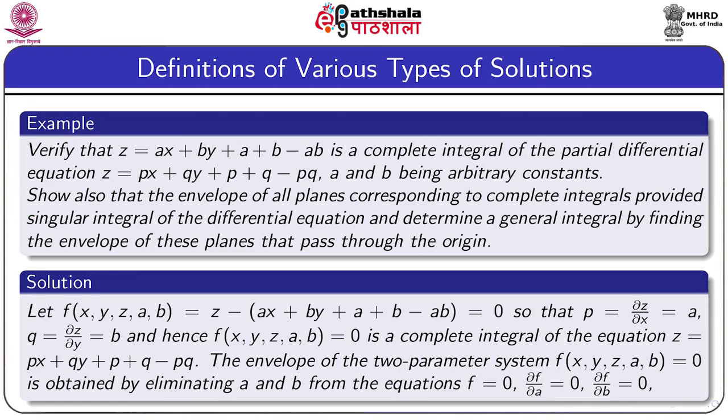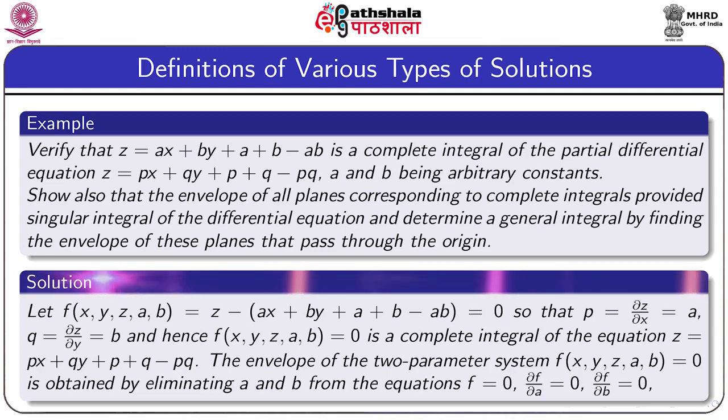We have to show that the solution of this equation is z equals ax plus by plus a plus b minus ab, which is a complete integral of the given equation. And we have to show that the envelope of all planes corresponding to the complete integral provides the singular integral of the differential equation, and we have to determine the general integral by finding the envelope of those planes which also pass through the origin.